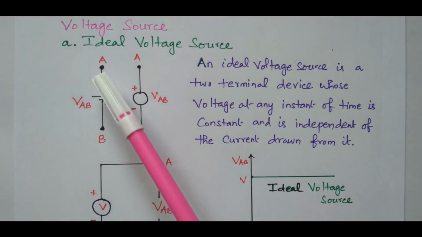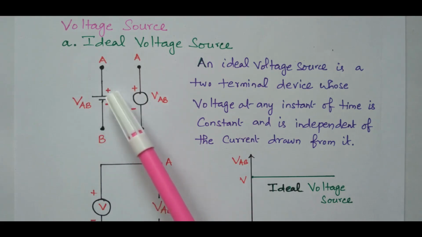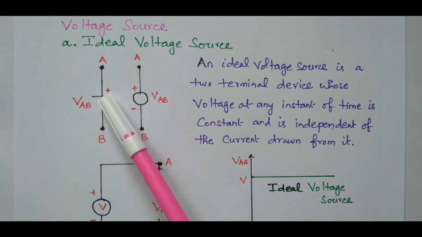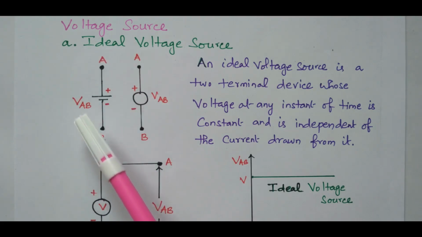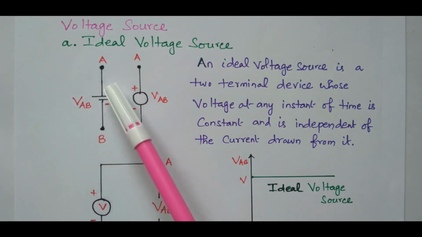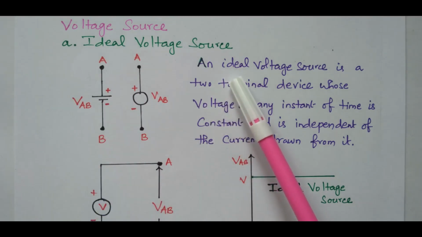For the voltage source, the symbol is like this, either a circle with the positive and negative terminals represented. This is terminal A, terminal B, so the voltage will be VAB. This will be positive and negative. It is also represented by the circle, VAB. So what is an ideal voltage source?